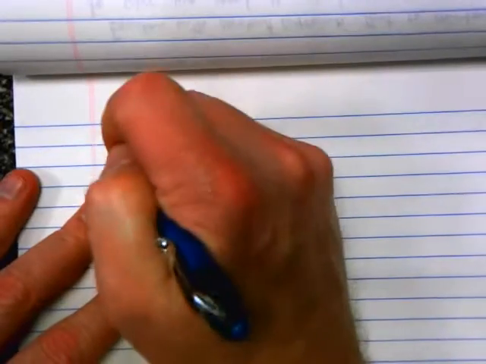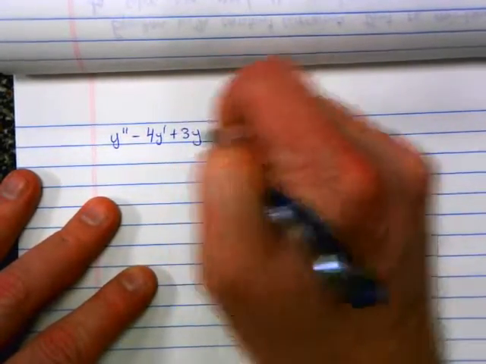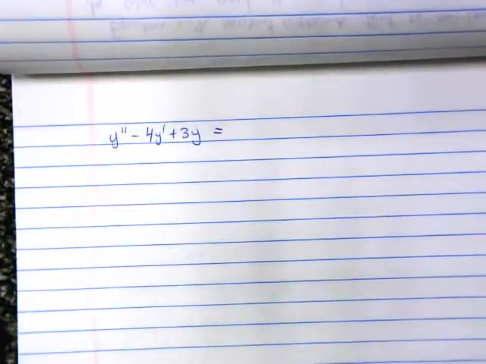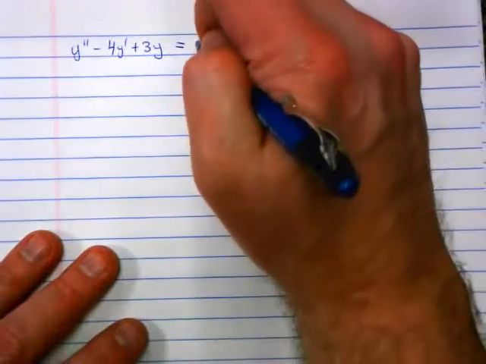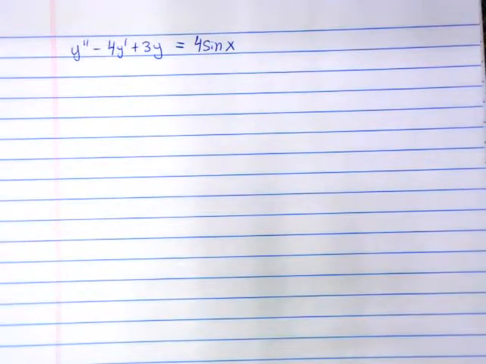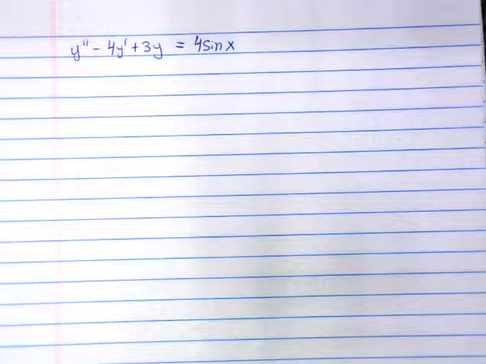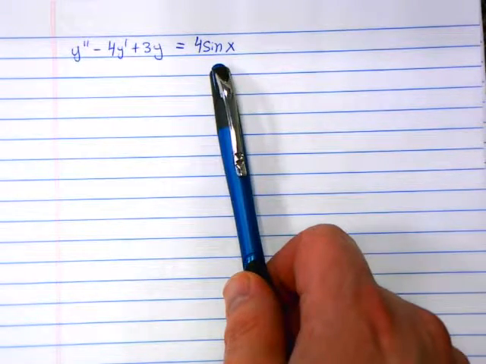Okay, so let's take that same equation, y double prime minus 4y prime plus 3y, and let's pick a different function over here. How about 4 sine x? Well, if this is a sine function over here, then what's a reasonable guess for your y sub p?